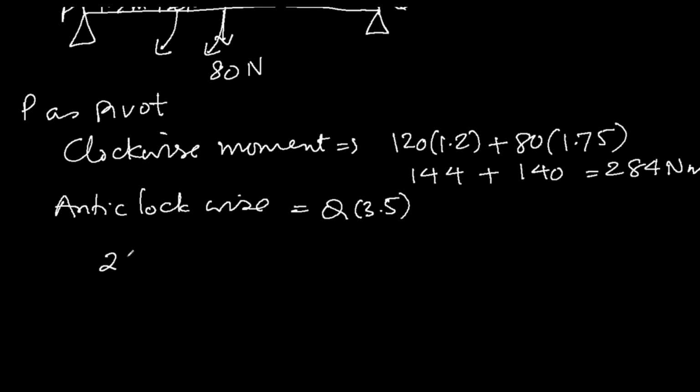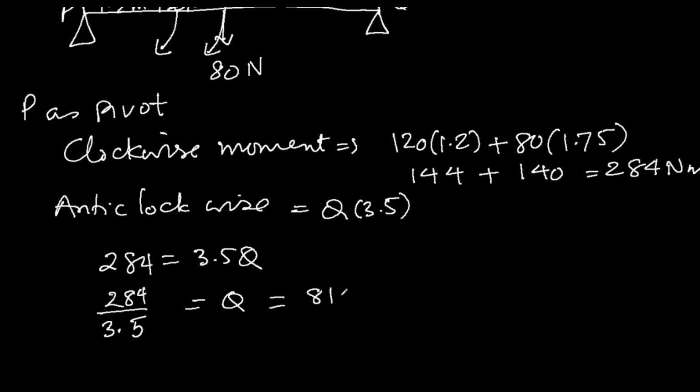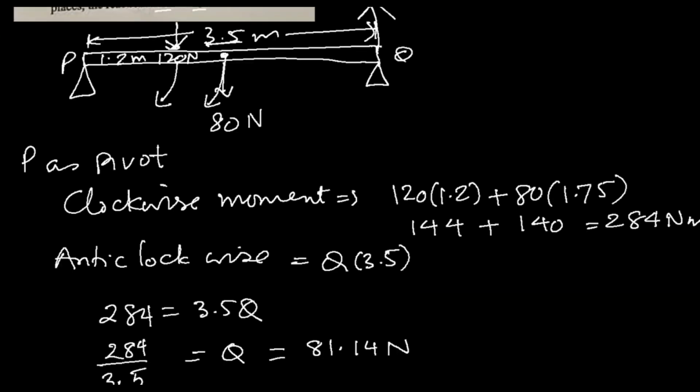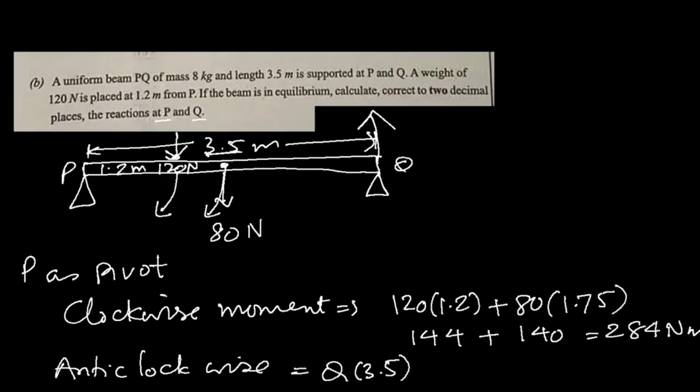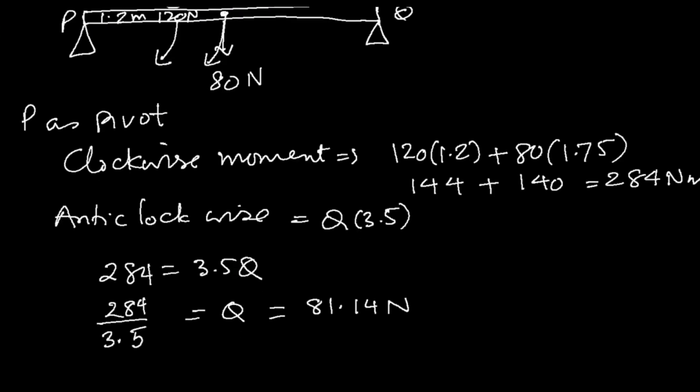So 284 equal to 3.5 Q, and Q will be 284 divided by 3.5, which is 81.14 Newton. Let me see if we have to give two decimal places. Yes, two decimal places. 81.14 newtons. What about P?